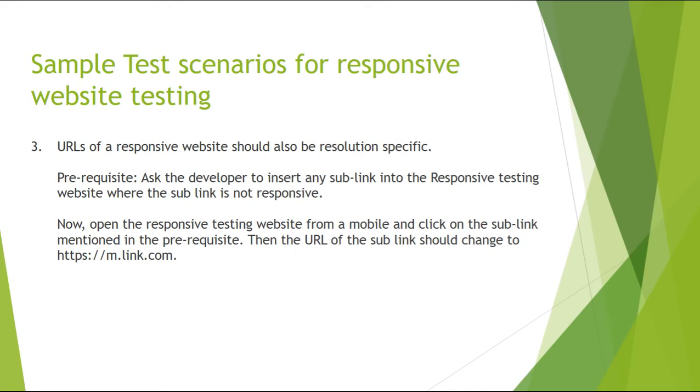Let's take www.facebook.com. So when we click on that link, the link should open like m.facebook.com. You can really experience this using Facebook, because I have proved that Facebook is not a responsive one. So that's the third test scenario.